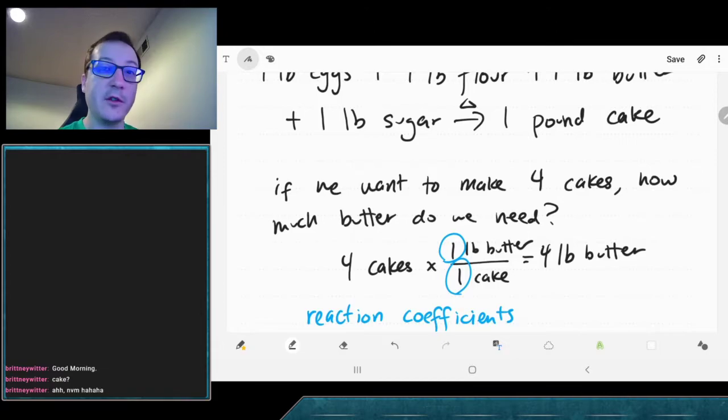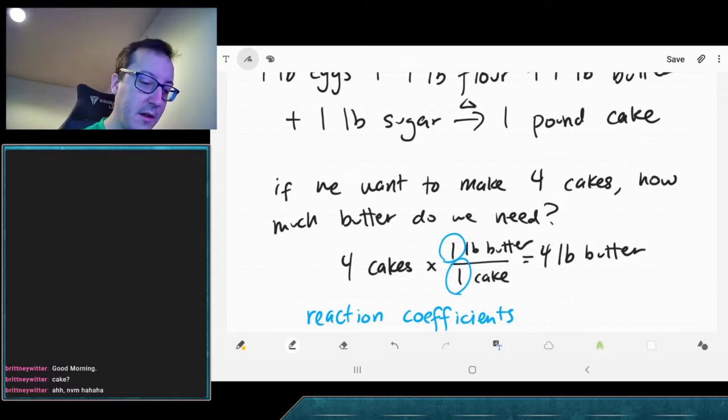This is stuff you do all the time. If you want to double a recipe, you just double all the ingredients, right? If you want to make 1.5 times a recipe, you would multiply all your ingredients by 1.5. And so if we want to make 4 times the recipe, we would need 4 times the number of this particular reactant. So we're going to see how to do stuff like that.